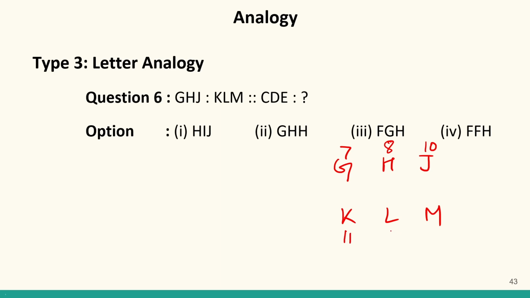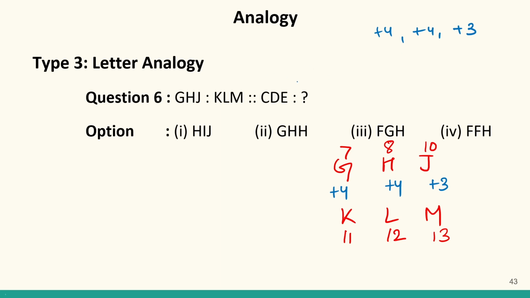From L, we are getting 12. And for M, we are getting 13. So here, if I have to find the logic, I can clearly see we are moving 4 positions ahead. Here also we are moving 4 positions ahead, and here we are moving 3 positions ahead. So my logic in this question is plus 4, then plus 4, and then plus 3.